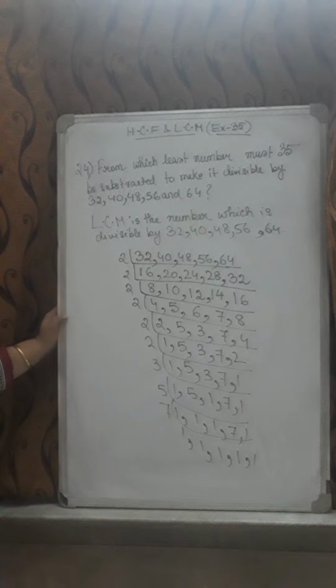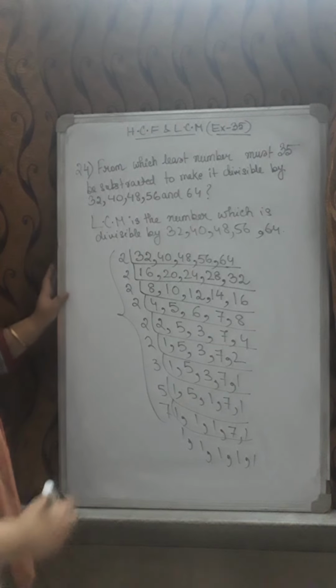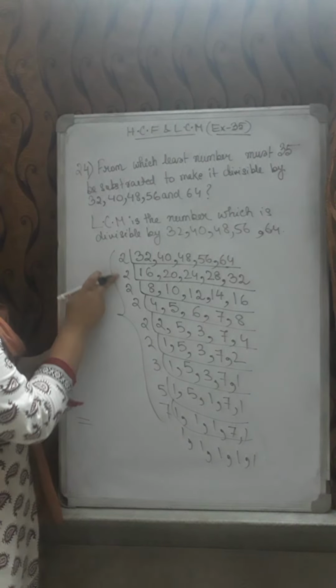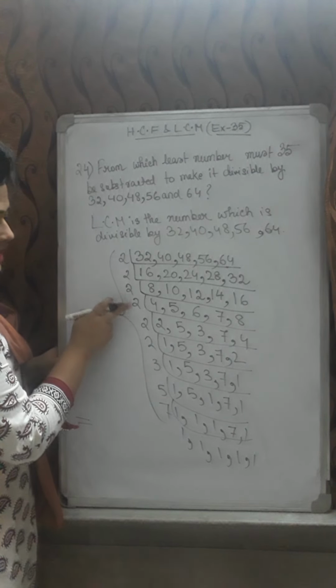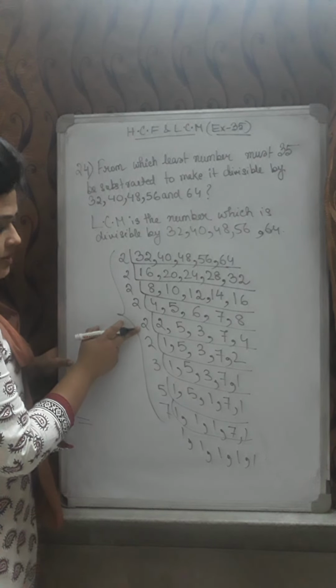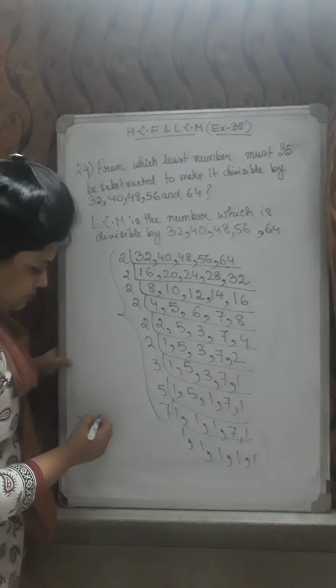Now what will be the LCM? LCM you will get if you multiply this side. So LCM value will be equal to 2 into 2 is 4, 4 into 2 is 8, 8 2s are 16, 16 2s are 32, 32 2s are 64.